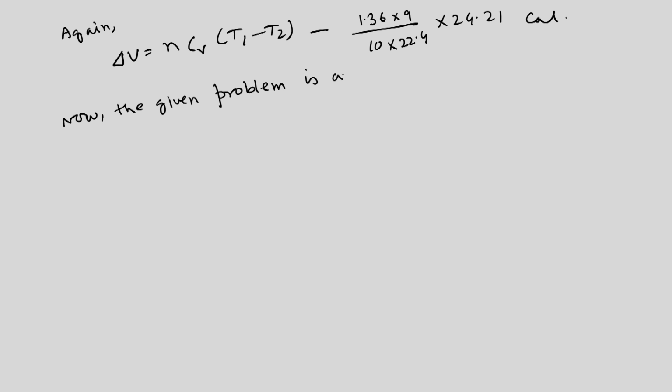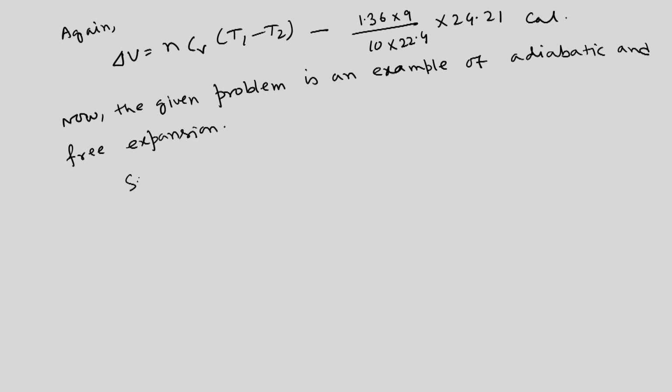And now, the given problem is an example of adiabatic and free expansion. So, Q equals 0 and W equals 0, hence delta U equals 0.